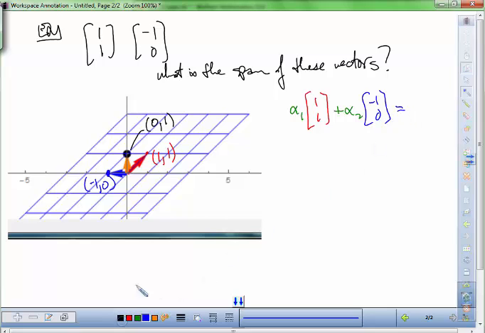Is there any way I can get to this vector 0, 1? Well, we could do the matrix to solve for this, but just by inspection, can you look at it, either the drawing or the equation, and give me a value for alpha 1?